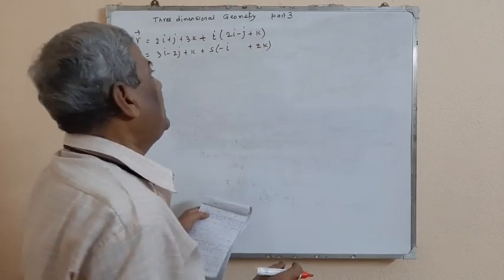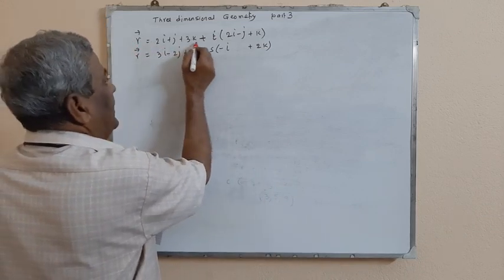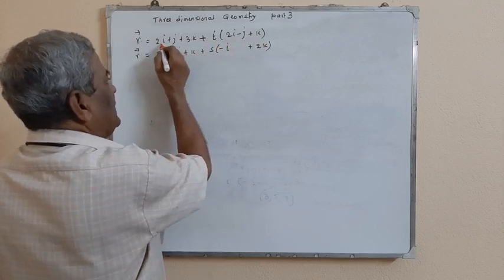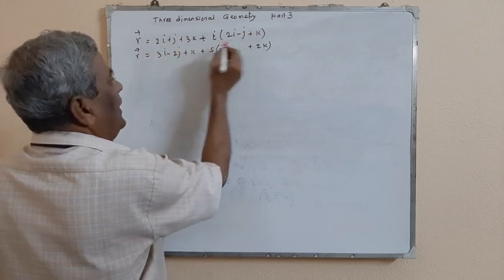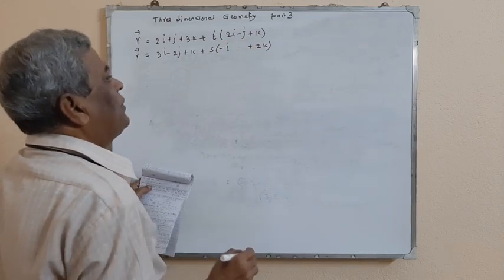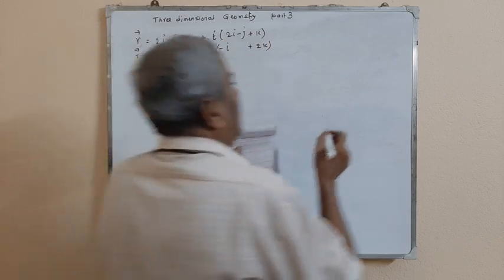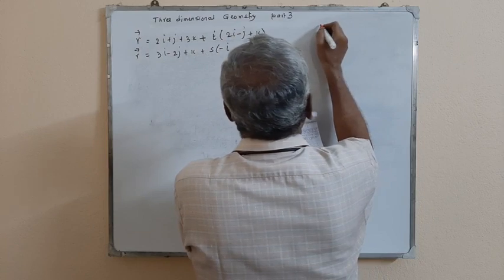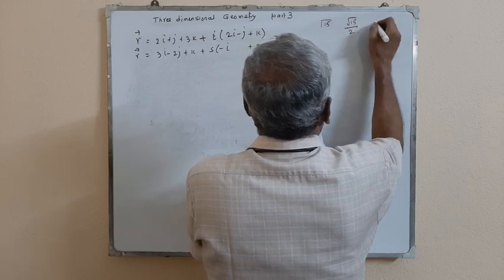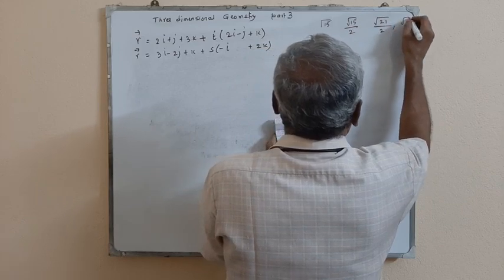Two straight lines are given in vector form. First straight line is equal to a1 plus t times b1. This straight line passes through the point 2, 1, 3 and is parallel to this, and direction ratio is 2, minus 1, 1, and for the second one same type. Options are root 15 by 2, root over 21 by 2, and root over 21.